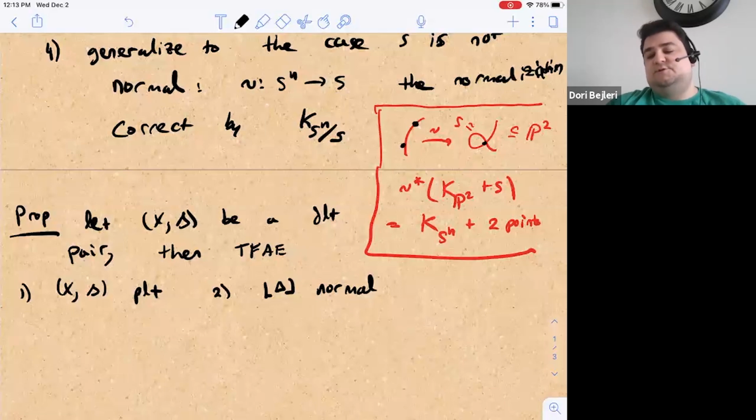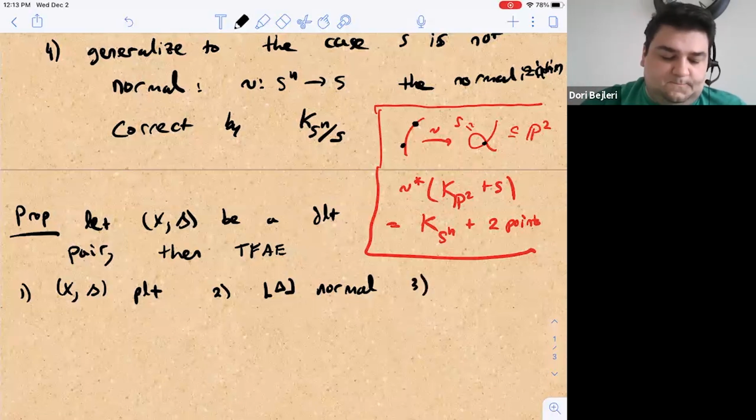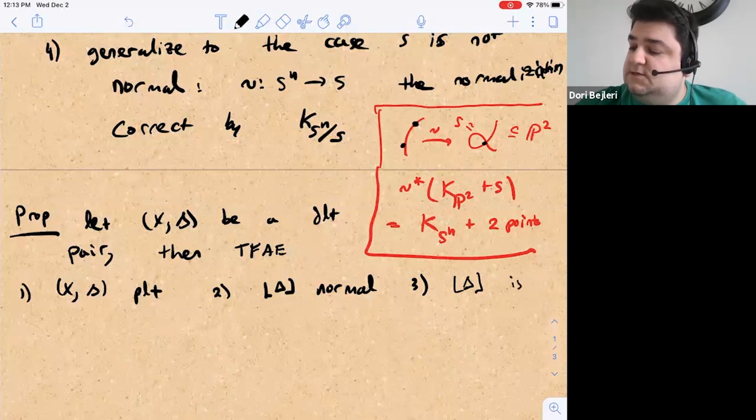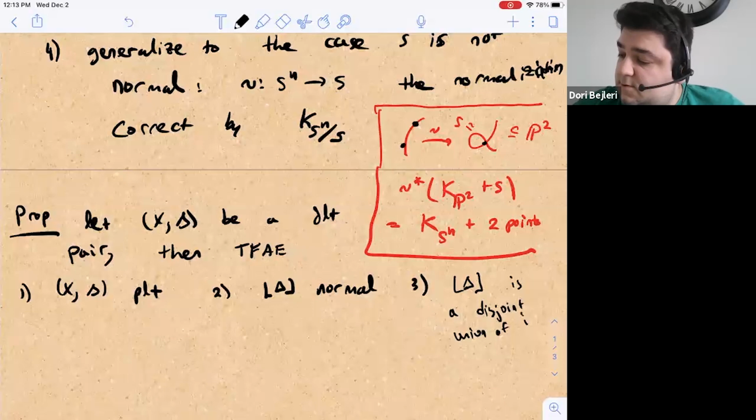There might be multiple components with coefficient 1, but if you're PLT, they have to all be disjoint. They can't intersect. And 3, the round down of delta is a disjoint union of its irreducible components. Again, the components in the round down don't intersect each other.